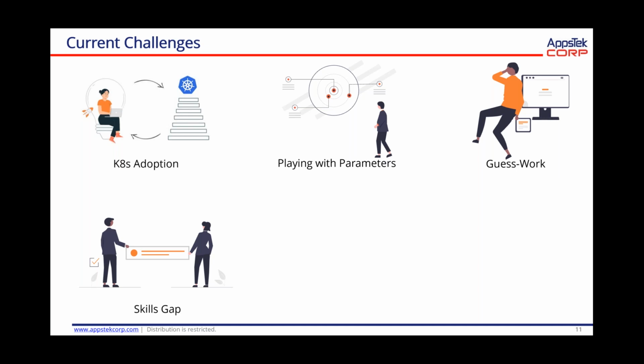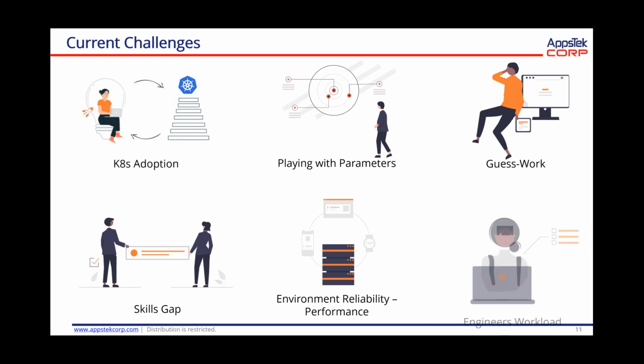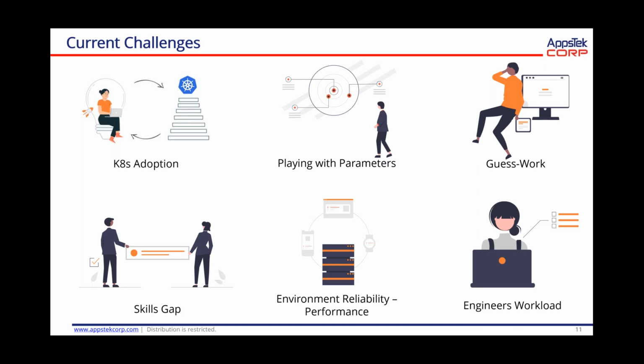So with the skill gap and adopting modern technologies and trying to figure out the optimal values for you to be able to better consume the compute resources is very hard. And how reliable, at the end of the day, this all falls on the performance of your environment, performance of your workloads, and also giving the work-life balance for your engineers.